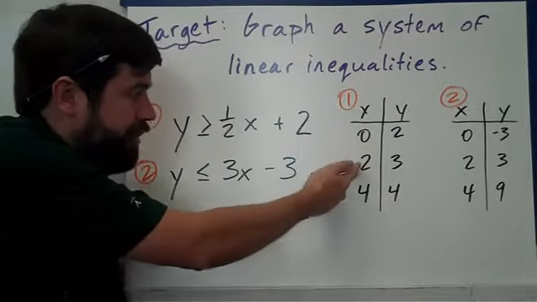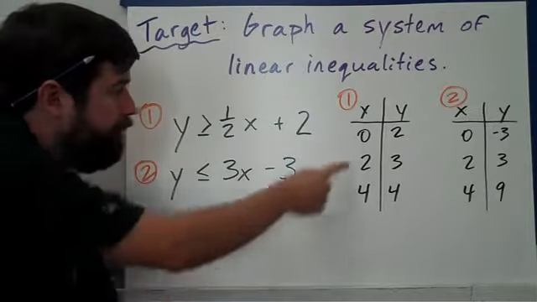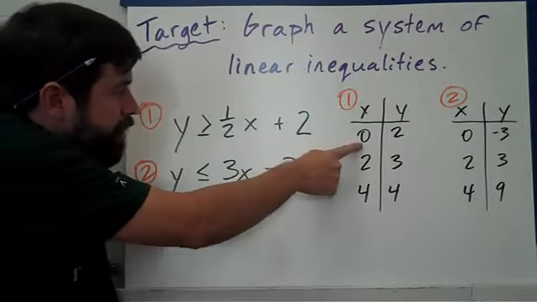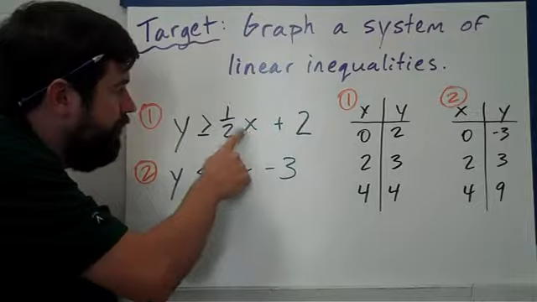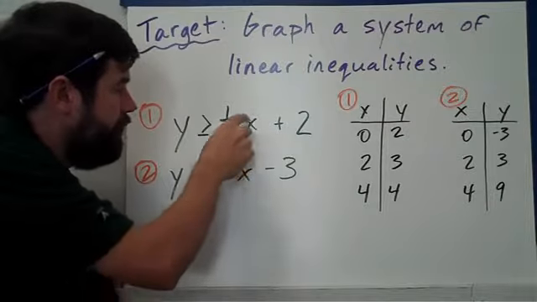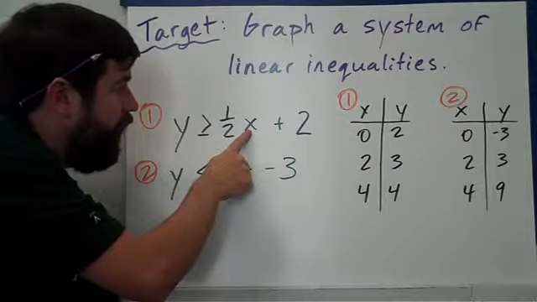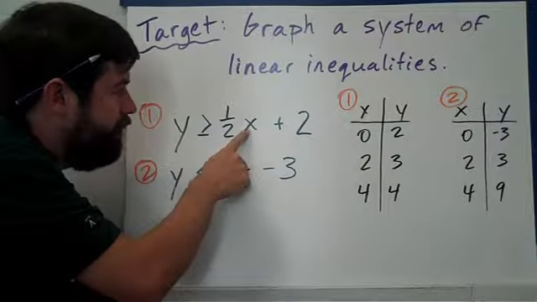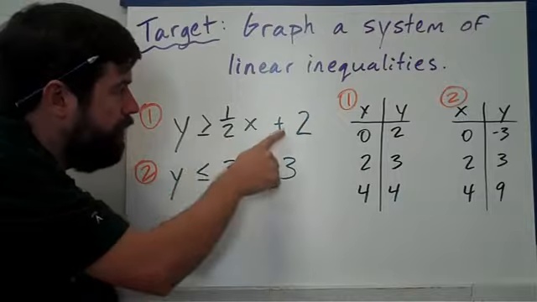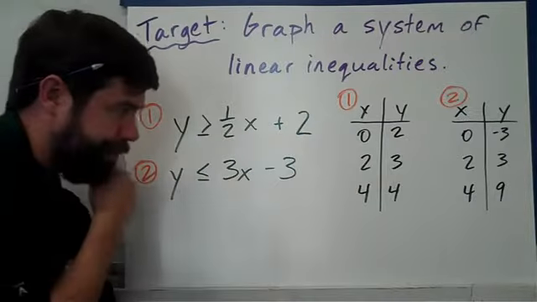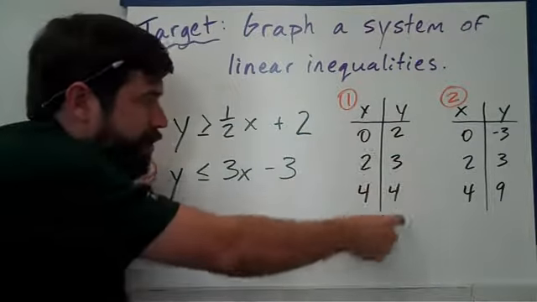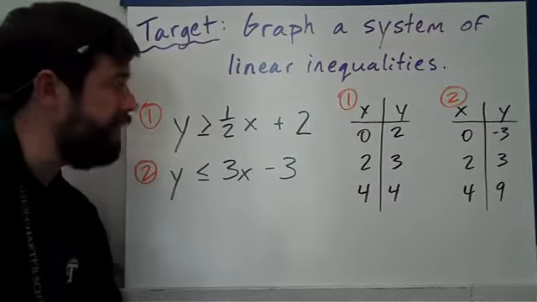For this one I chose 0, 2, and 4. I plugged in those x's. So if x is 0, then y would be 2, because 0 plus 2 is 2. If x is 2, then y is 3, because 2 times 1/2 is 1. 1 plus 2 is 3. And then just continue with that until you have at least 3 points.